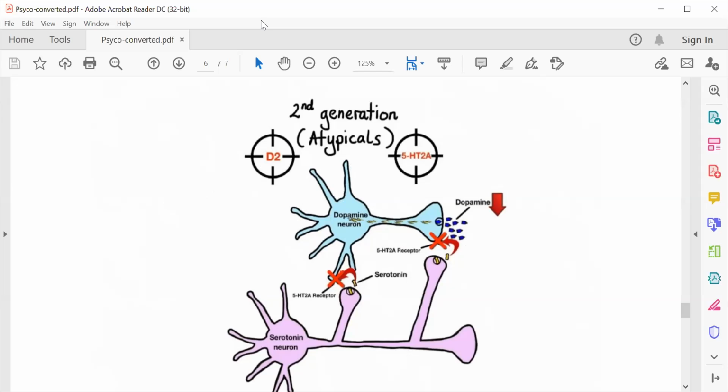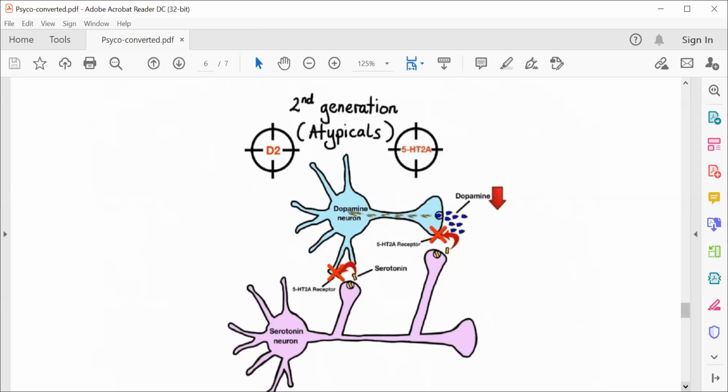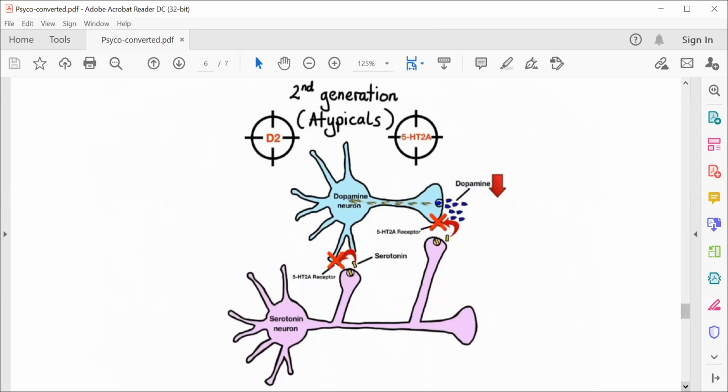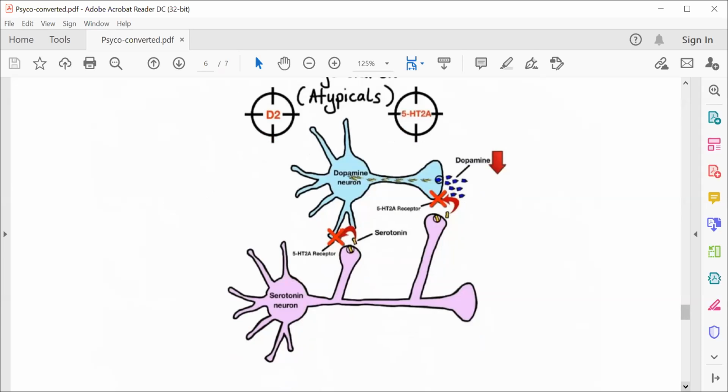Okay, can I speak? Can I tell something, sir, please? Yes, you can. When I read, a wonderful sentence said that the second generation antipsychotics do not worsen the negative function in the psychotic patient.